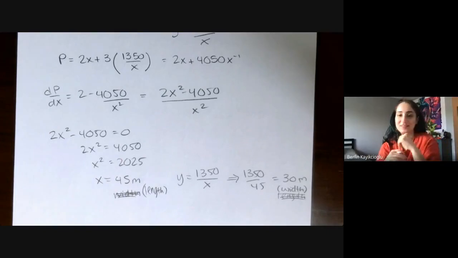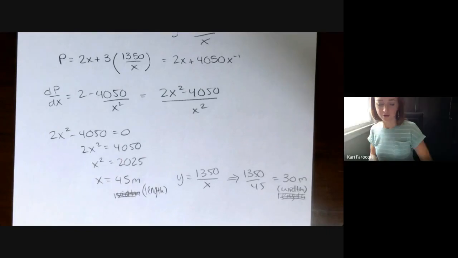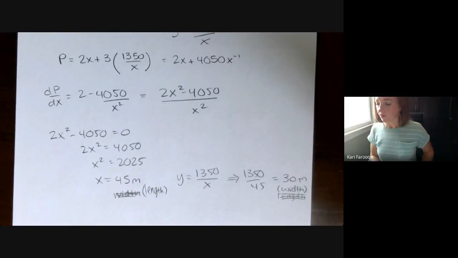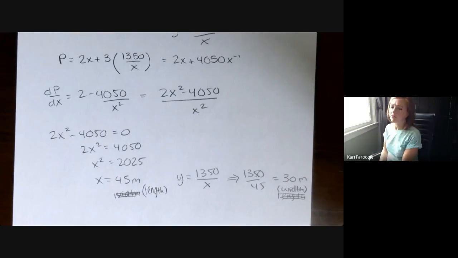No, I have a quick question. Go ahead, Isabella. So what would we do differently if it were asking for the most amount of fencing? Well, that would be a completely different solution process because you'd probably be looking at an endpoint, like what we did in 4.2 when you were talking about absolute mins and maxes.